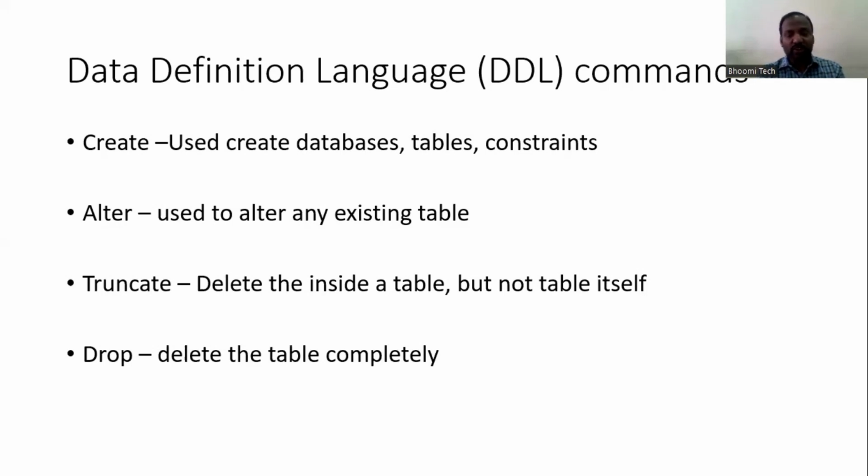We have to define or modify the structure, or truncate the structure, or completely drop the structure. So data definition language is to define the structure. In this we have create, alter, truncate, and drop commands. Now let us execute this create command and see how it looks in our workbench.